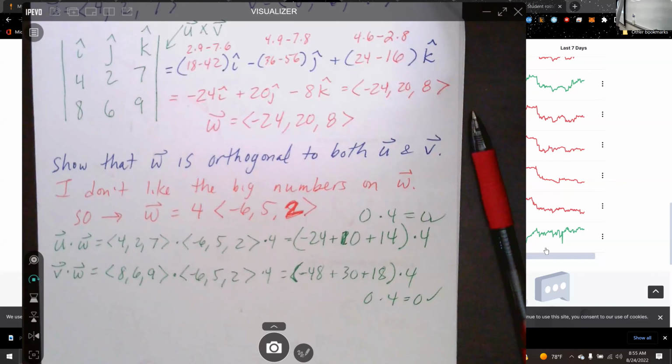Once you use projection, you're going to have different values to find the vector.